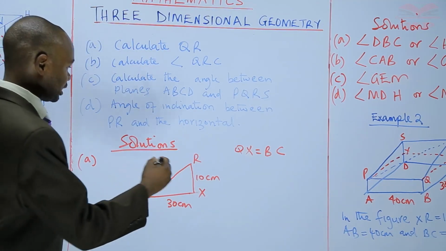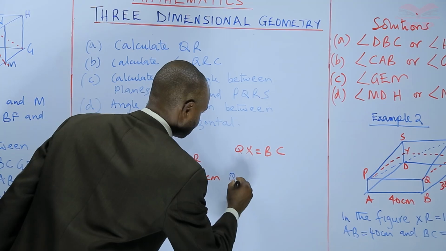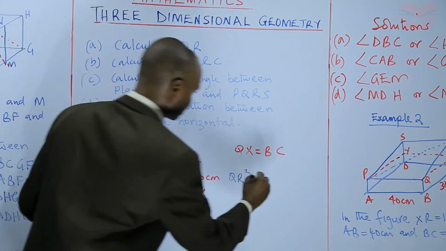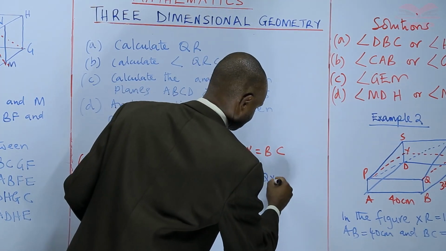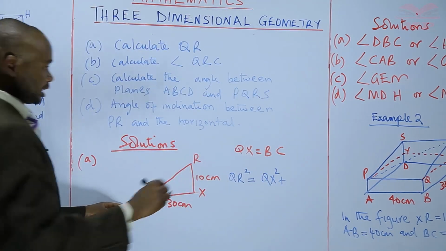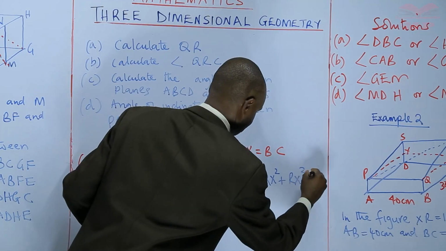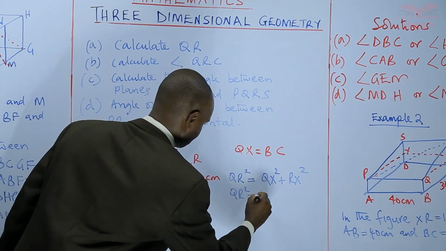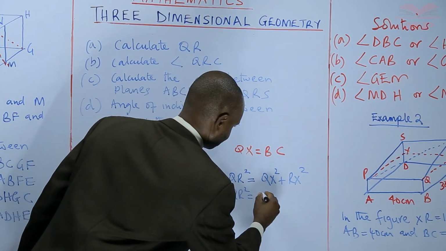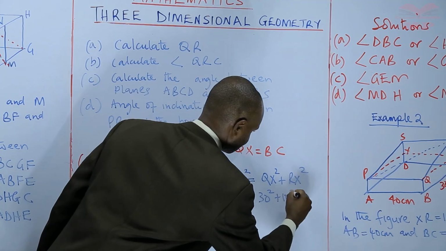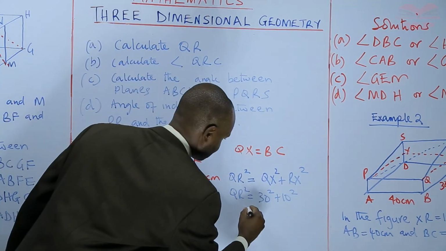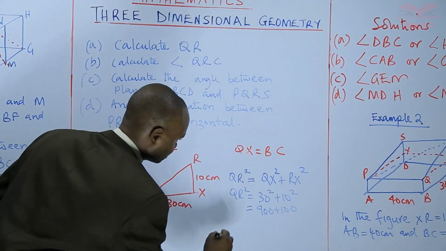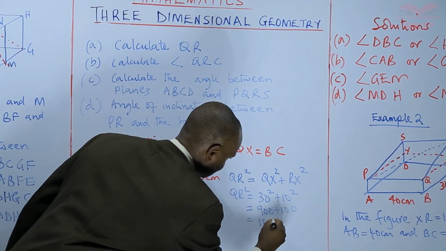So you realize QR squared will be equal to QX squared plus RX squared. So QR squared will be equal to 30 squared plus 10 squared. So this will come to 900 plus 100, which gives you 1000.